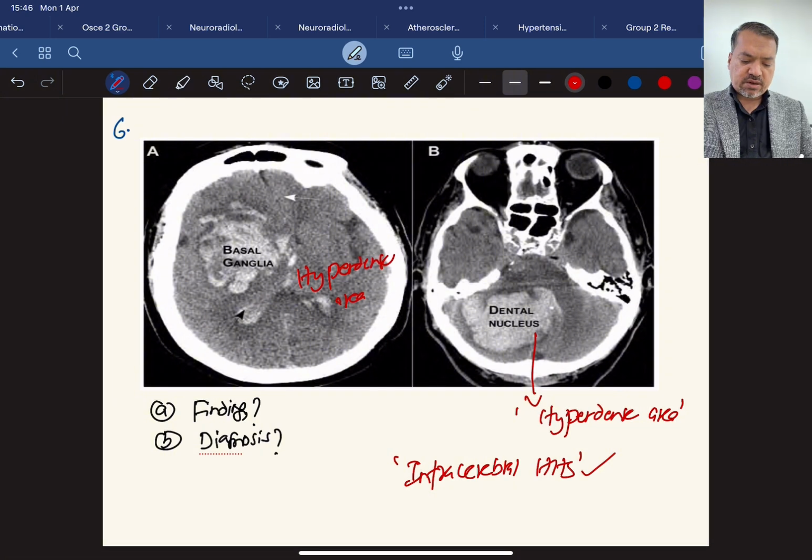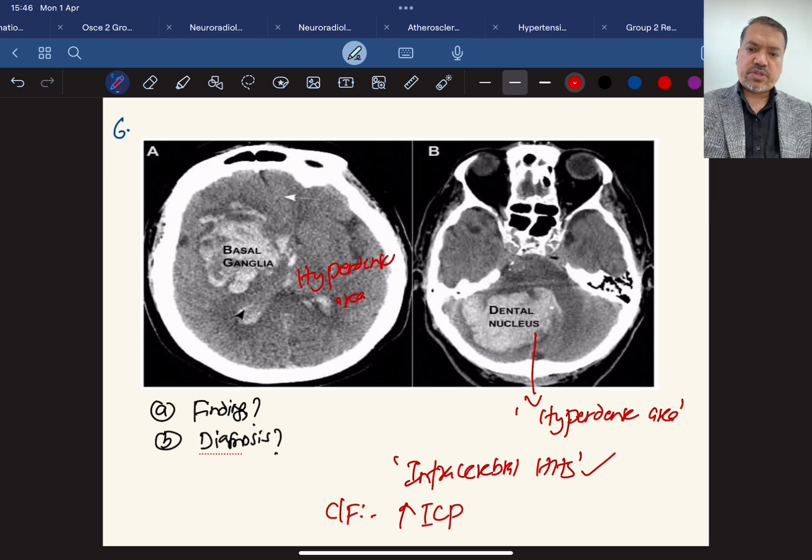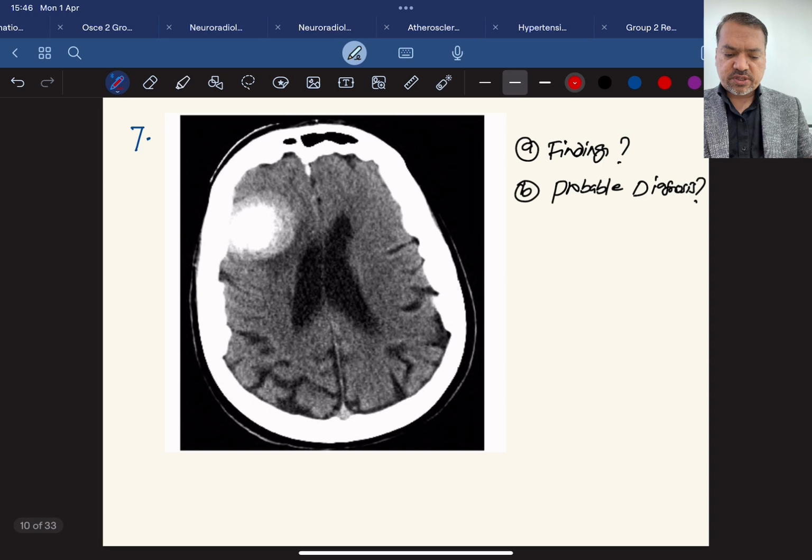If they ask you the clinical features of this particular condition, you can say raised ICP, which leads to headache, projectile vomiting, seizure, loss of consciousness, all those types of features you can say here. Good. Let me move further. Number 7. Again the question is, describe the findings and what is the probable diagnosis.